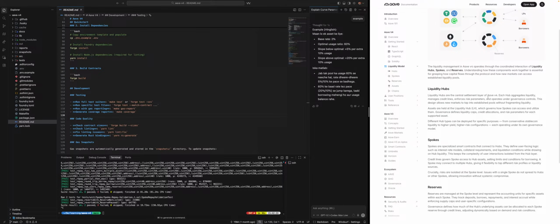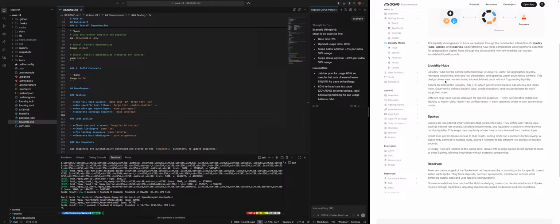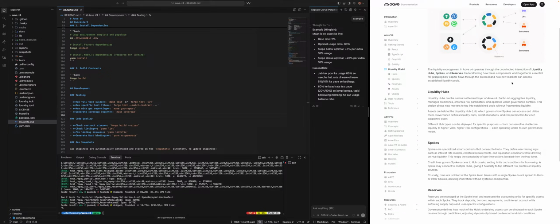The central settlement layer, yes, it does say so here. This design allows new markets to tap into established pools without fragmented liquidity.